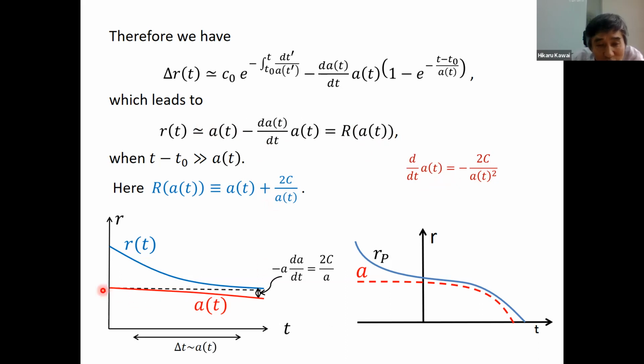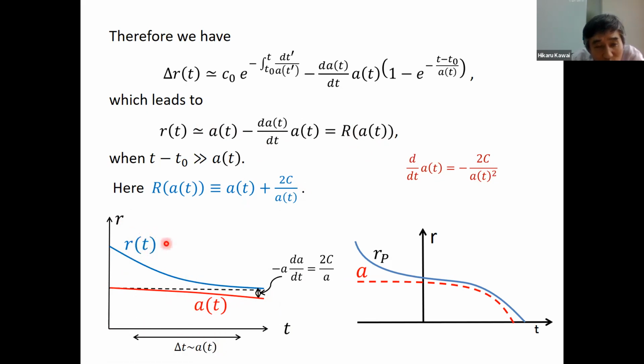So heuristically, we can easily understand the situation is the following. We have time and R, and we have a slowly shrinking A(t) here, and R is approaching A exponentially in the time scale of A(t).